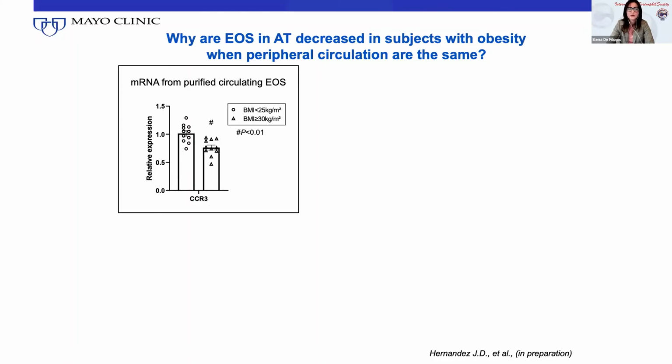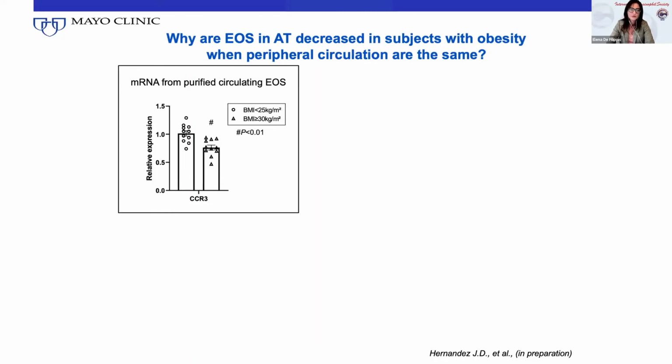So the idea here was: is the system that is known to favor migration of eosinophils into tissue somehow impaired? And to our surprise, we found the CCR3 mRNA level is decreased.